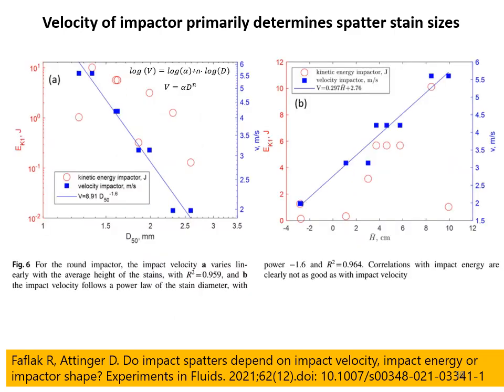We also did some other measurements, not just the size of the drop, but their position, the average height on the paper. And again, the correlation is much better for the velocity than for the energy of the impact. So what it means is that the primary variable that controls the stain size in an impact spatter pattern is the velocity, not the energy. So remember that when you testify in court, right?